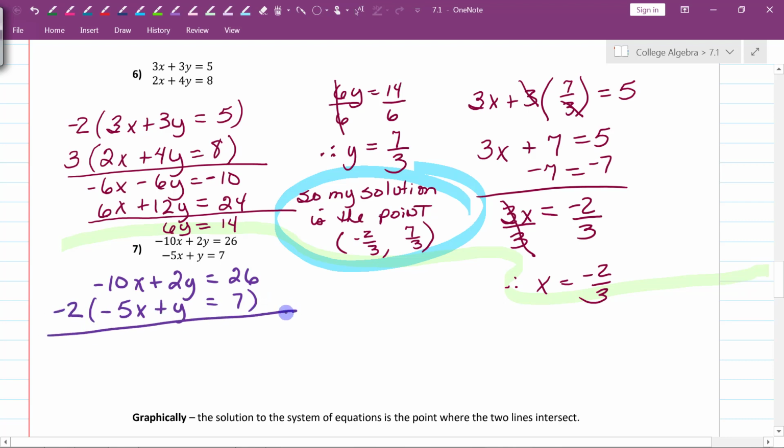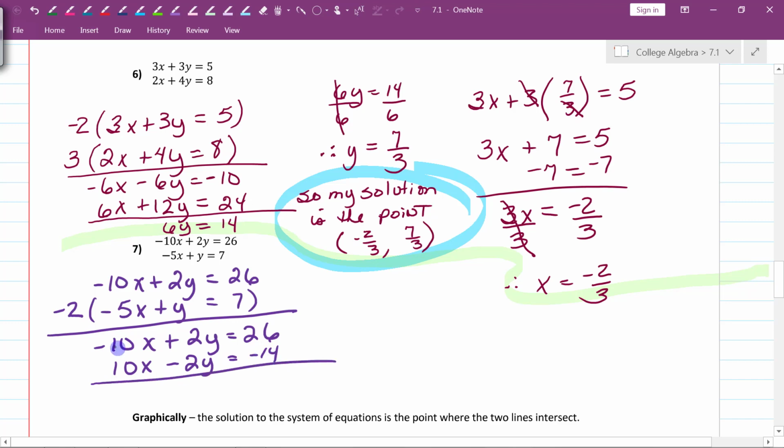And I'm going to rewrite the equation system as negative 10x plus 2y is equal to 26. Negative 2 times negative 5 is a positive 10x. Negative 2 times a positive is negative 2y. Negative 2 times 7 is negative 14.